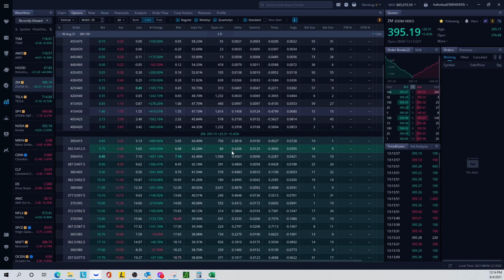So instead of asking 152, I might ask a little bit higher. And again, that order might sit there until these bids come up, but I'd be collecting more premium at the same strike price than I would if I had sold it a little bit earlier.